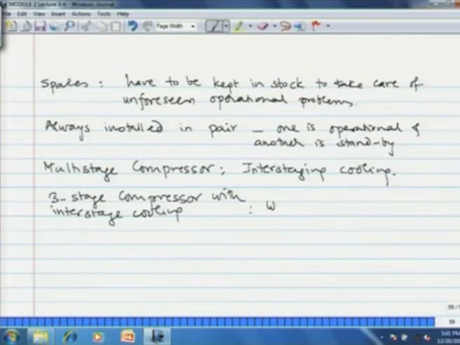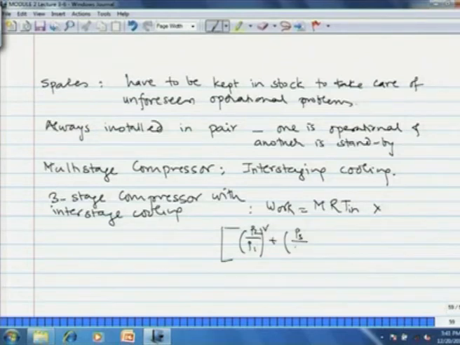the work that is required is given as the molecular weight M of the gas, R the gas constant, into the inlet temperature, into the summation of the 3 compression ratios: from stage 1 to 2 raised to gamma, from stage 2 to 3 raised to gamma, plus stage 3 to exit raised to gamma, minus 1.